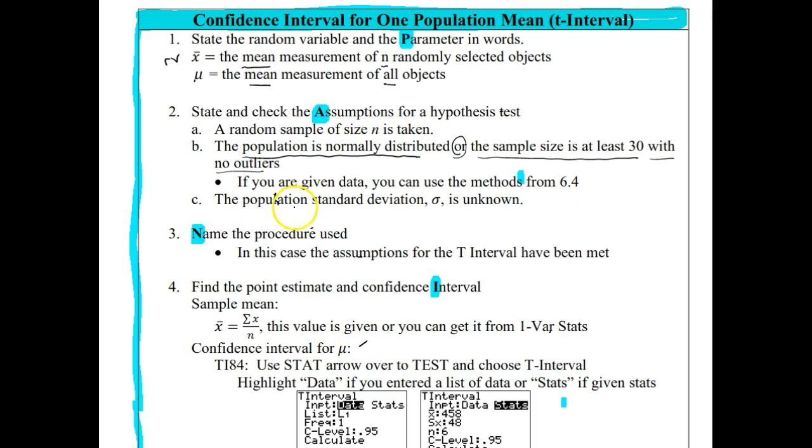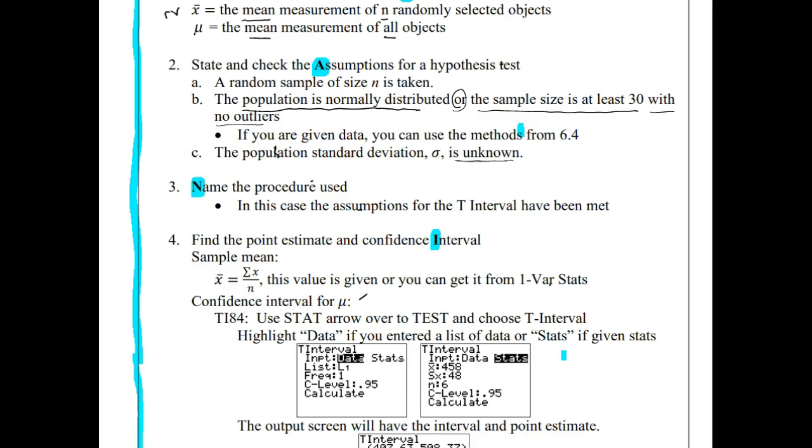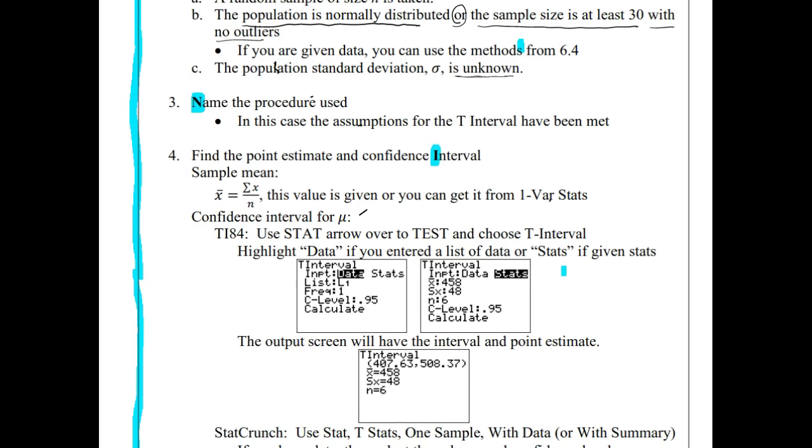The last one is that the population standard deviation sigma is unknown, which, keep in mind, is typically the case. If those conditions are met, we will be able to use the t-interval procedure.